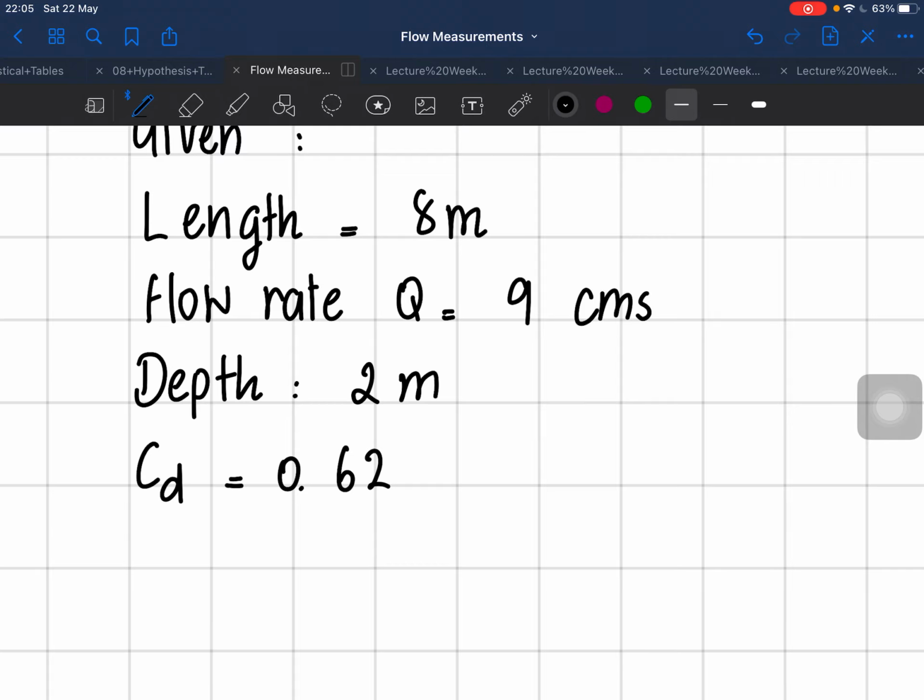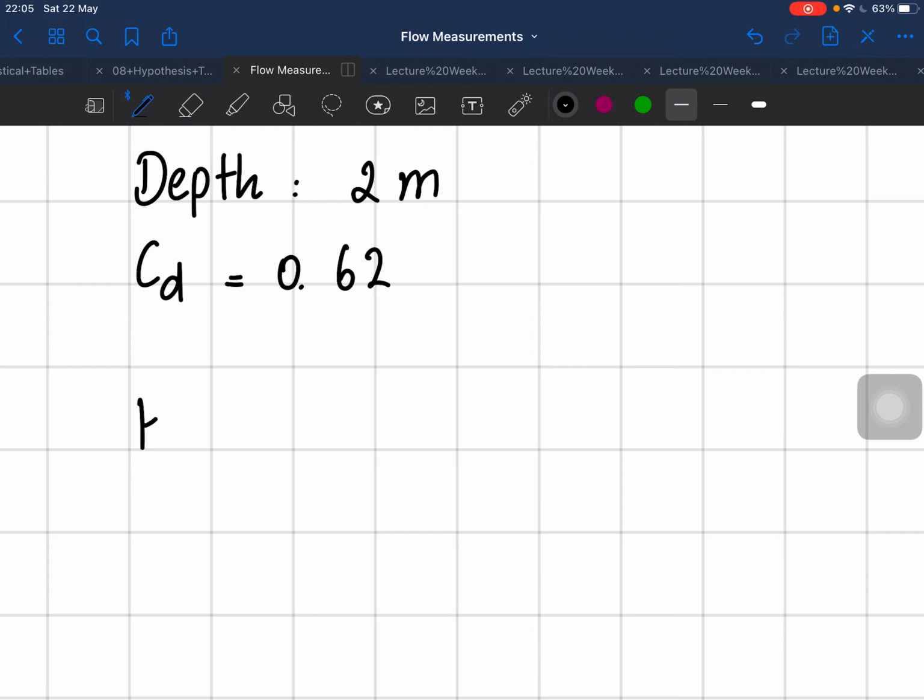Okay, so now let's find the height of the water. So the height here refers to the height of the water above the sill of the weir. Let me just check a second. I want to make sure the sill of the weir is the right place that I'm trying to show you.